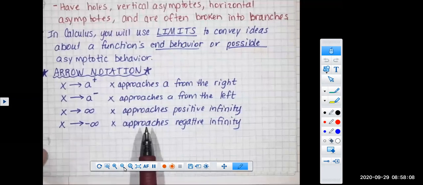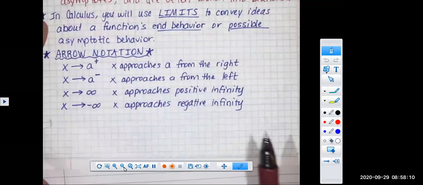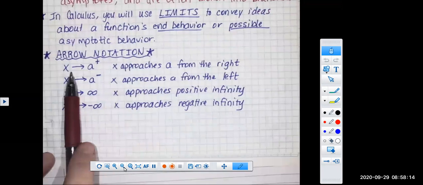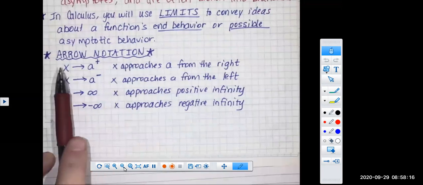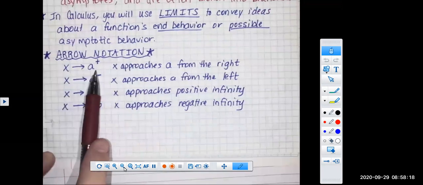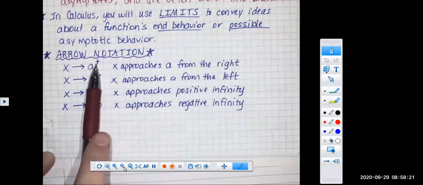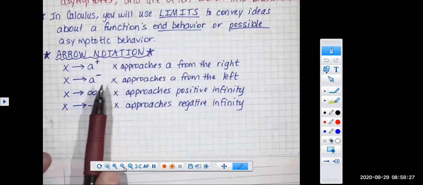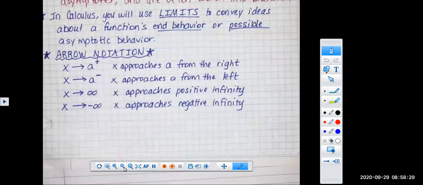And so this is what they use. They use what's called arrow notation. And all this means is that x, this is the way you read it, x is approaching some value a from the right side. So the little plus and minus up in the exponent area is just telling you, are you looking at your graph on the right side or left side?